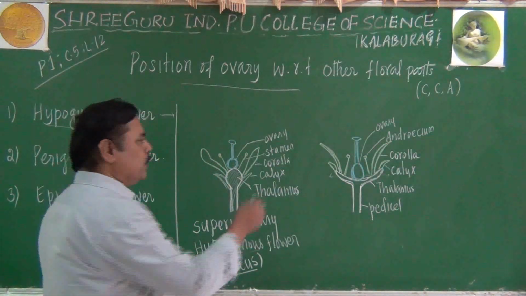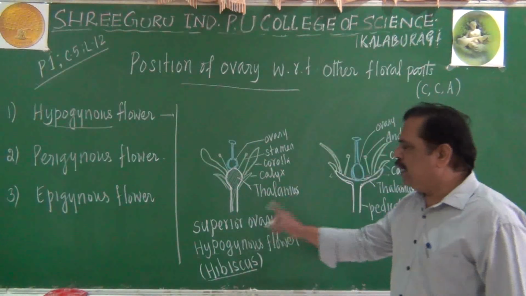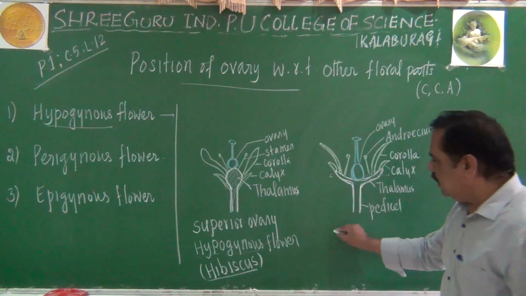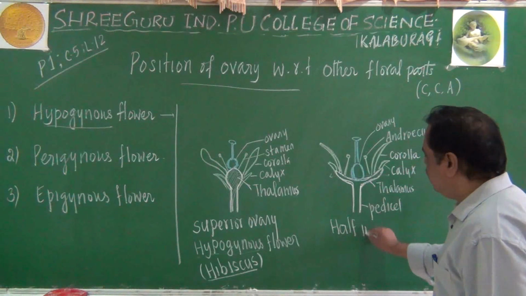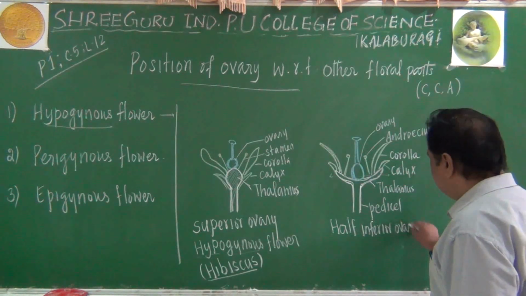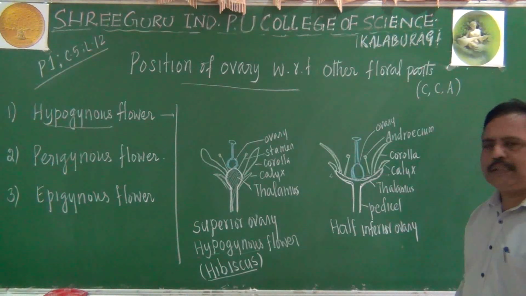Dear students, such an ovary will be called neither superior nor inferior. It is called a half inferior ovary. Half means just in the same place, we can see.